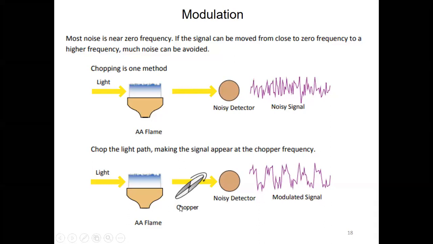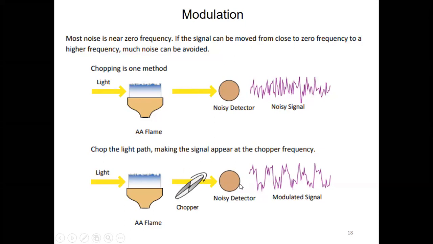Then it will go to the detector, and this is the modulated signal. This chopper will act as a modulator, and it will chop the light path. Since it chopped the light path, the signal will appear at the chopper frequency when it rotates.